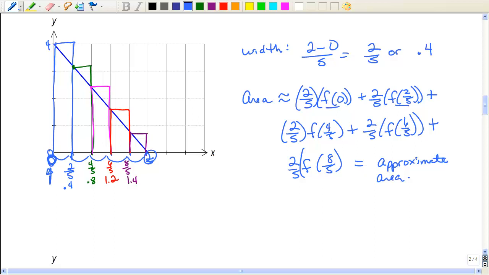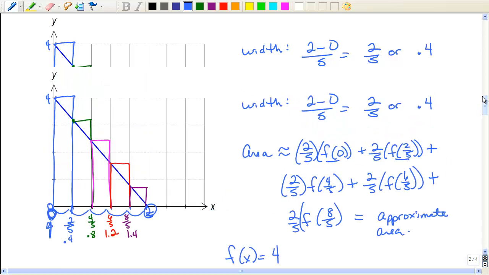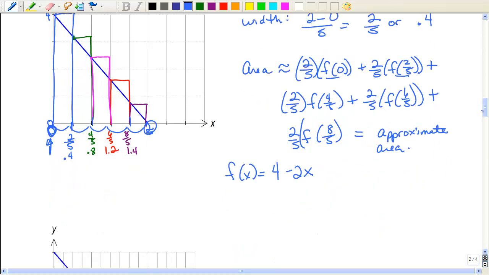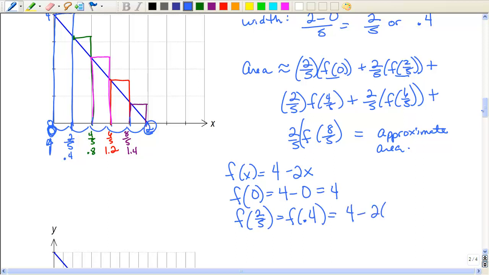So how do you get this f of stuff? Well, remember, f of x was 4 minus 2x. So I would get a calculator. I want f of 0, so that's 4 minus 0, which is 4. I need f of 2/5, which is f of 0.4, either way you want to do that. And so that would be 4 minus 2 times 0.4.